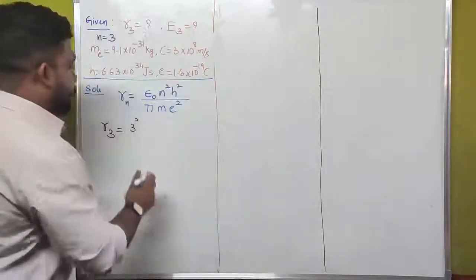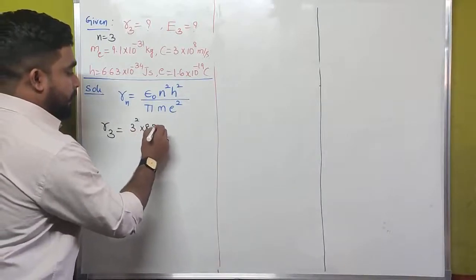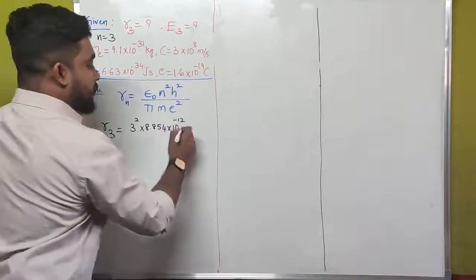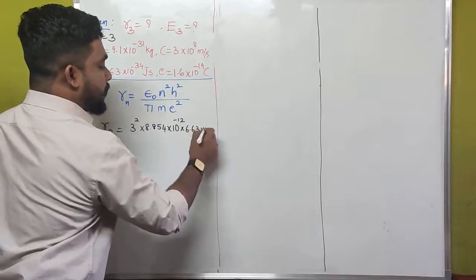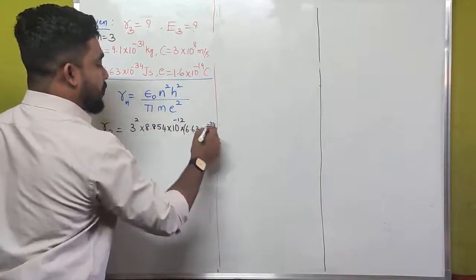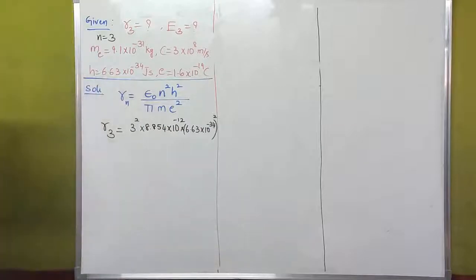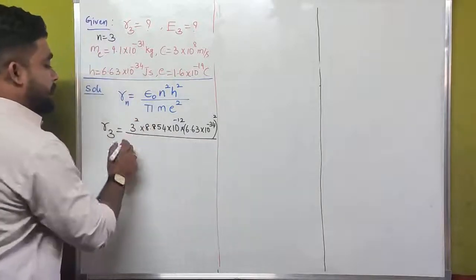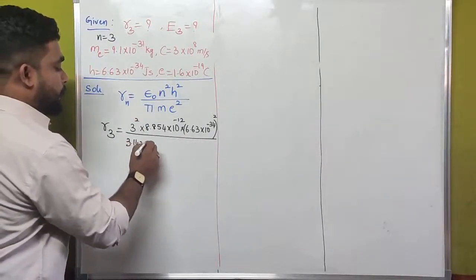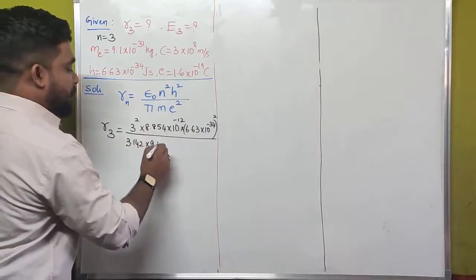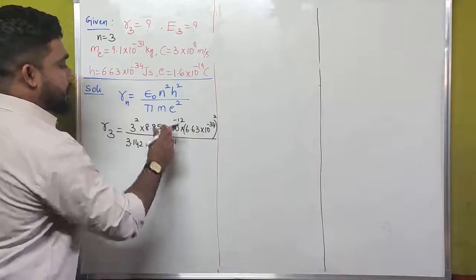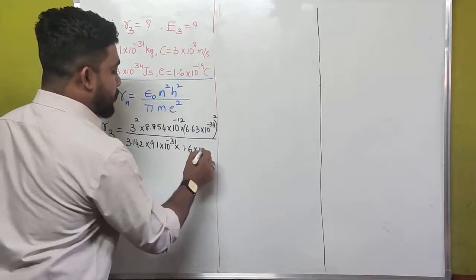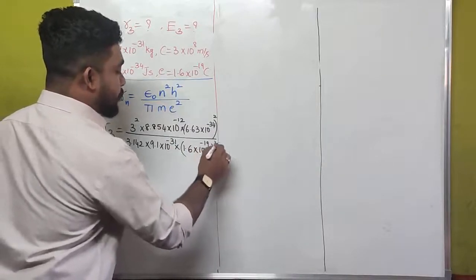Epsilon naught is equal to 8.854 into 10 to the power of minus 12 farad per meter, and this is 6.63 into 10 to the power of minus 34 whole square, and we divide by pi, 3.142, into m, the mass of the electron, 9.1 into 10 to the power of minus 31 kg, and the charge of the electron 1.6 into 10 to the power of minus 19, to the power 2.